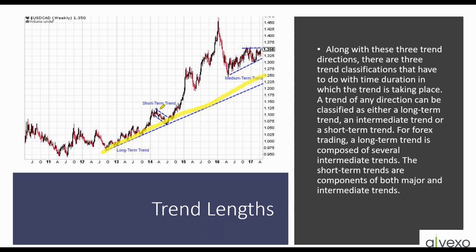We can see that we've had short-term intermediary trends. So if we were looking for a short-term trade, we would have looked to trade in this intermediary, the short-term trend. But in reality, it was simply a retracement of this pushing up trend.